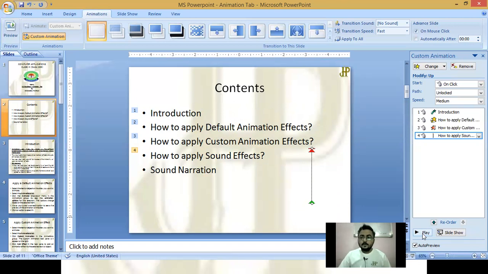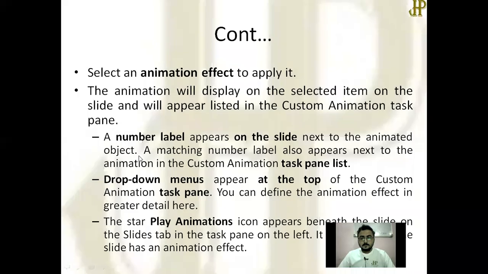As soon as you select the custom animation, you will see the numbering of each animated option: 1, 2, 3, 4. It reminds you that these texts have some animated features. That's why this point appears.